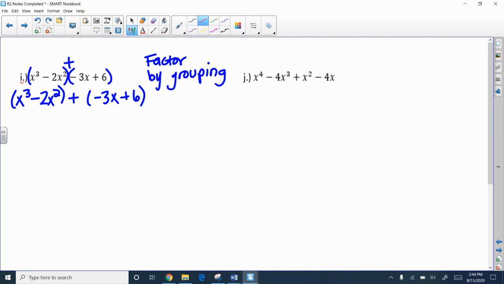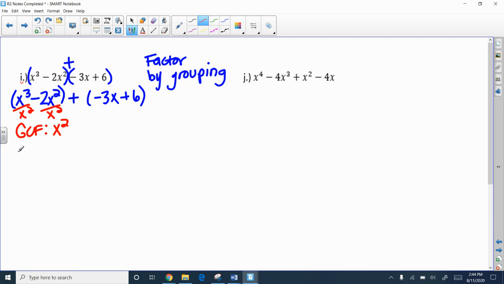Okay, so now the next thing I need to do is find a GCF, or greatest common factor, of each group. So this group, x cubed minus 2x squared, does have a GCF. That GCF is x squared. That's what they have in common. So I'm going to factor out the x squared. Remember, factor out means divide out.